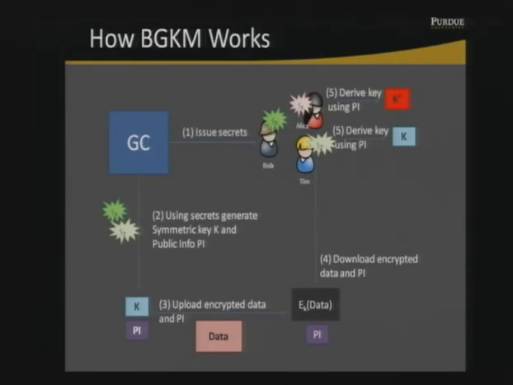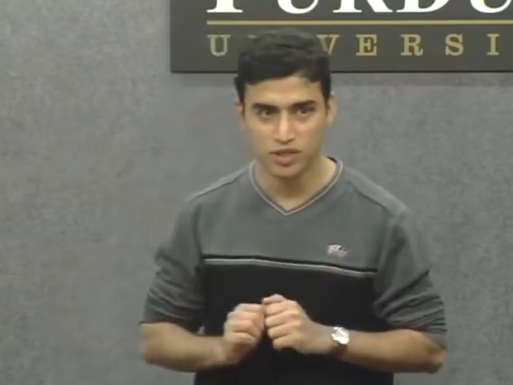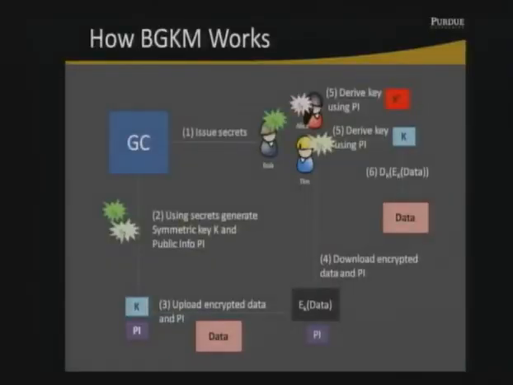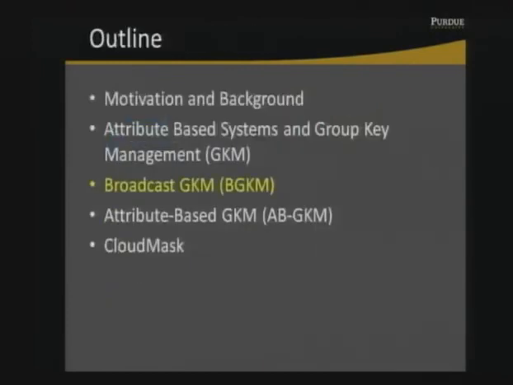We mathematically prove there is only a negligible probability of deriving the actual key if you don't have a valid secret that's included inside the public information. So only Tim can decrypt it, but Alice won't be able to because she doesn't have the correct key. That's the high-level idea about broadcast encryption.